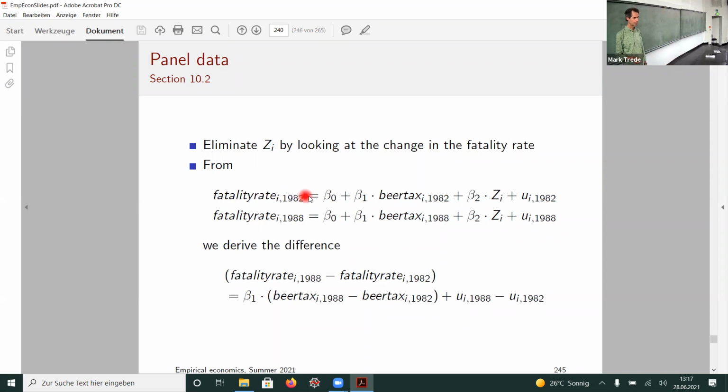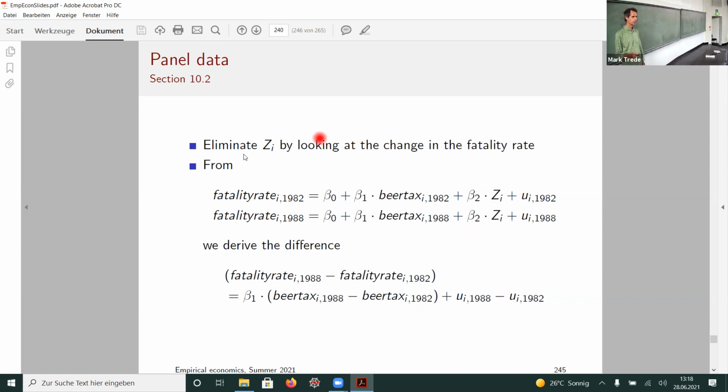So we do that for 1982, and we have the fatality rate in 1982, and the BRTX in 1982, and the error term in 1982, and the cultural attitude, which doesn't vary. So there's no year index here. It's only Z_i. We do the same for 1988. So that's the fatality rate in 1988, BRTX and error term. And here we have the cultural attitude in 1988. It's the same because it doesn't change over time.